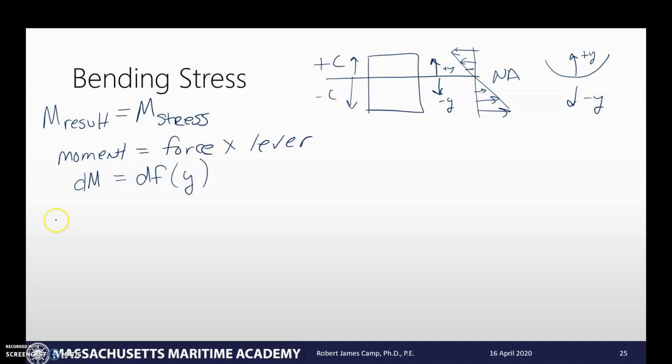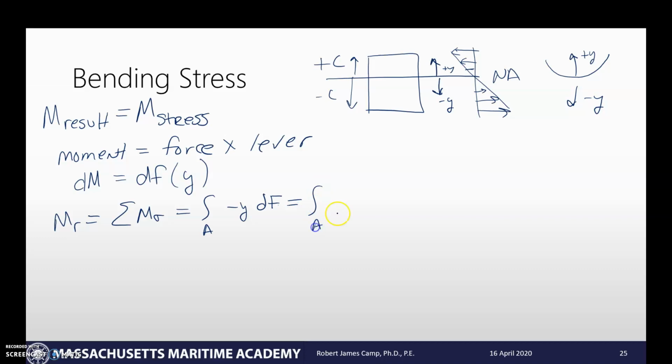So my resultant moment is going to be equal to the sum of all the little moments that we have based on those stress values. And if we sum up all those moments based on the stress values, what is that really? Well, that's just going to be the integration over the area of the moment, which will be negative y times dF. And as we looked at it before, I know that dF is stress times dA.